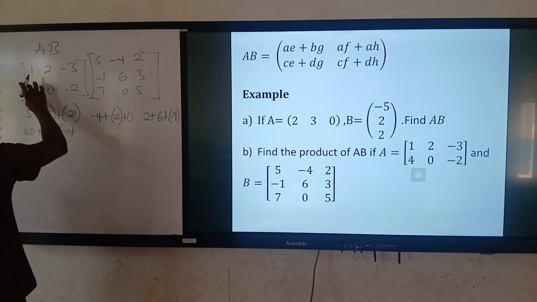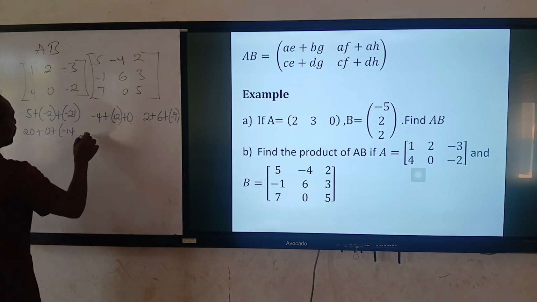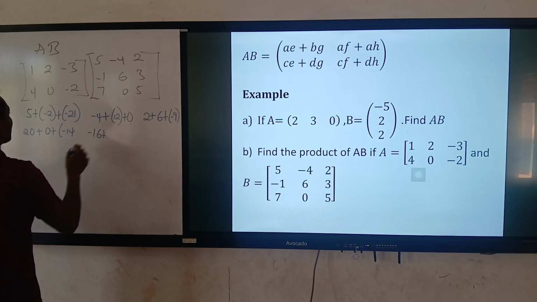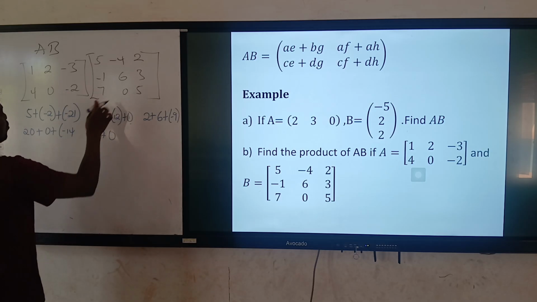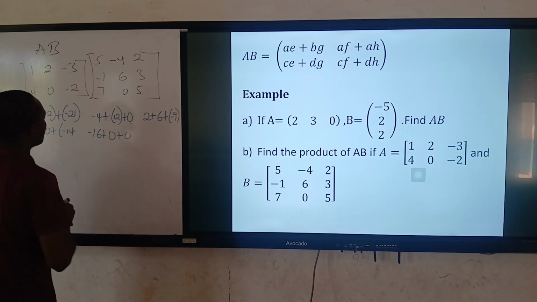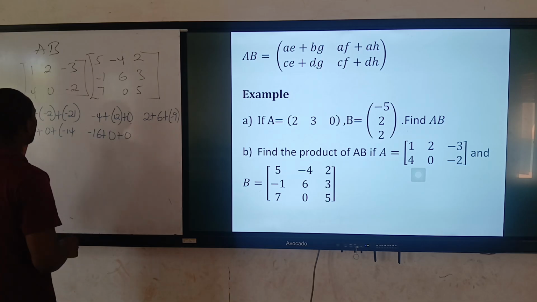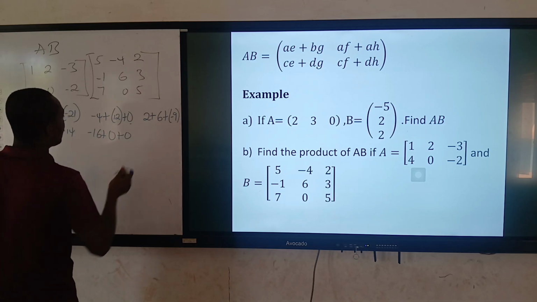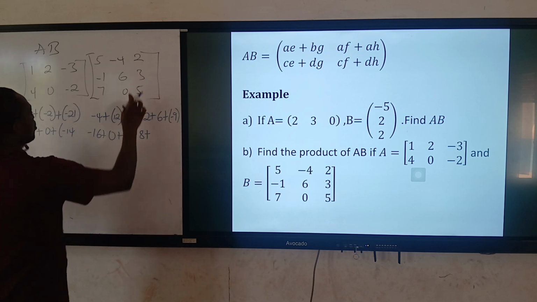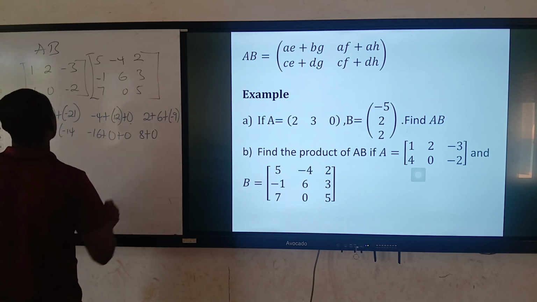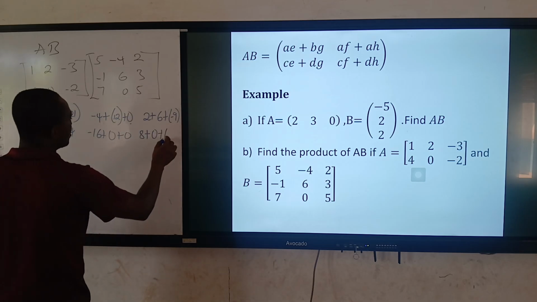Then you take the same row with the next column: 4 times negative 4 gives negative 16, plus 0 times 6 gives 0, then negative 2 times 0 gives 0. Then the same row with the last column: 4 times 2 gives 8, plus 0 times 3 gives 0, plus negative 2 times 5 gives negative 10.